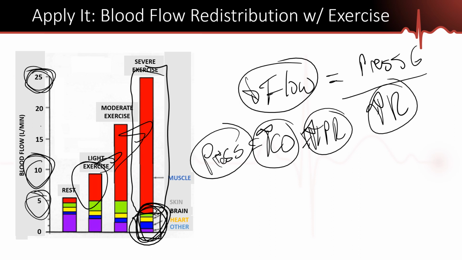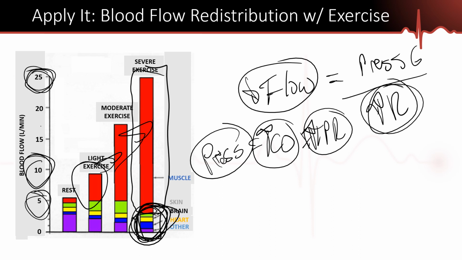Now, clearly you can tell from this equation, there's still a big increase in the pressure gradient, which is going to positively influence flow. So it's not like we're going to entirely cut off blood flow to these organs. It's still going to exist, but due to this dramatic rise in resistance, thanks to the sympathetic nervous system, there's actually going to be a reduction, or at minimum, no increase in flow to these other organs.